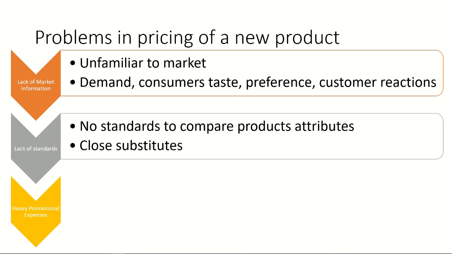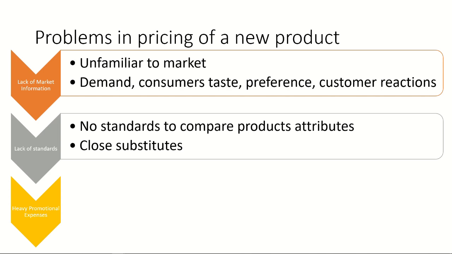And the third one is the heavy promotional expense. You know that when we are introducing a new product in the market, the customers know nothing about the product. They don't know anything about its uses, attributes, anything. So we incur heavy promotional expenditures to create awareness about the product among the customers.